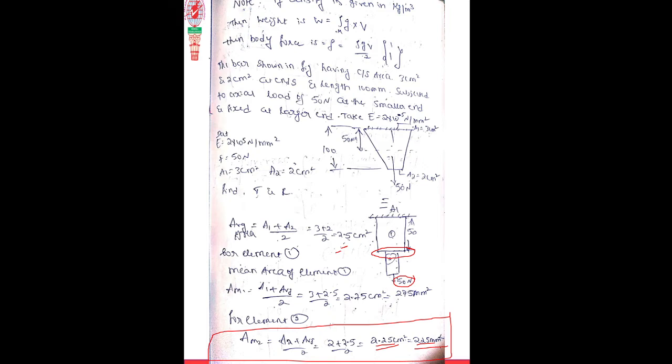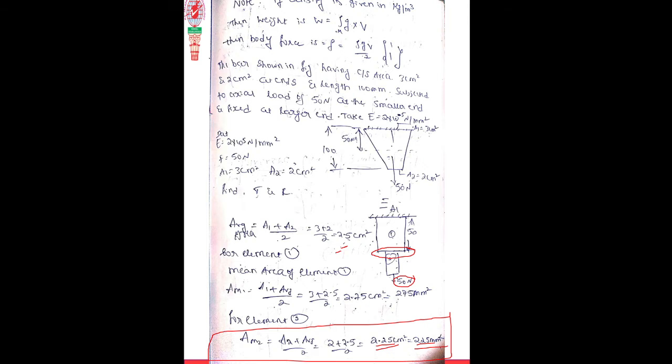Keep the 10 power outside. How much 10 power did you get? 6. Yes, 10 power 6 keep outside, and multiply the 1.1 inside the matrix.